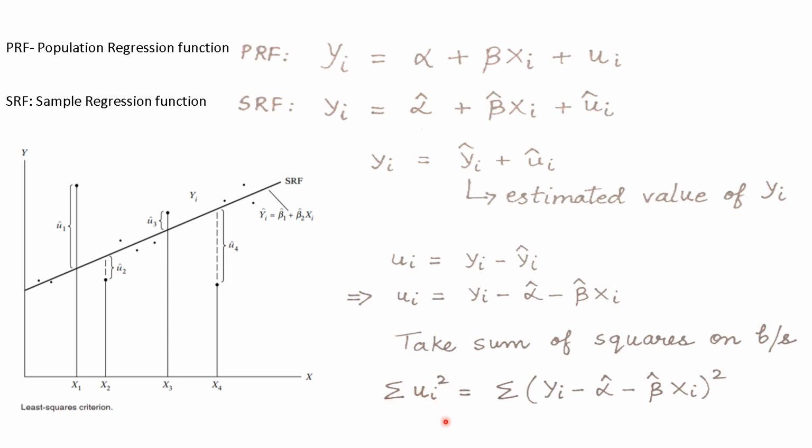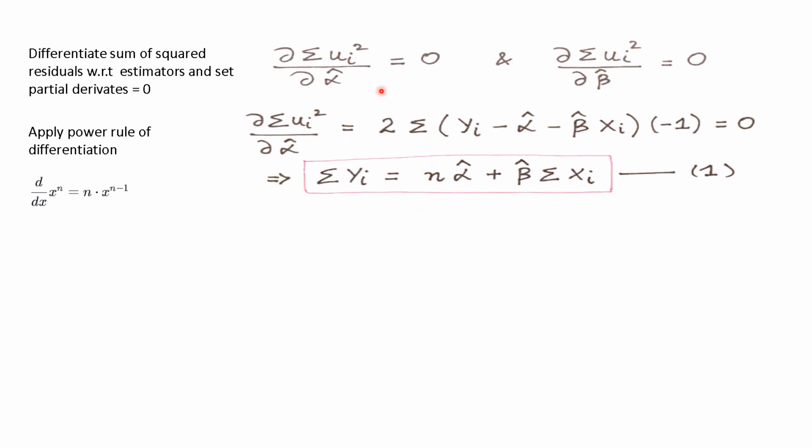This criteria would provide us with the unique estimates of alpha and beta that give the smallest possible value of sum of squared residuals. So how are we going to obtain the minimum value? We are going to differentiate it with respect to the estimators and then we'll set the first differentials equal to 0.